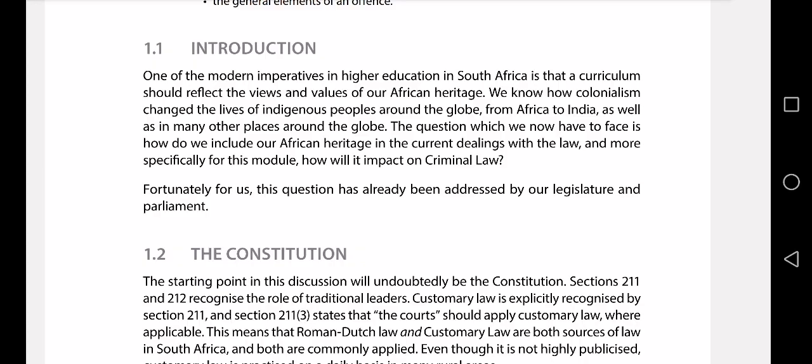The question we now have to face is, how do we include our African heritage in the current dealings with law, and more especially for this module, how will it impact on criminal law? Fortunately for us, this question has already been addressed by our legislature and parliament.